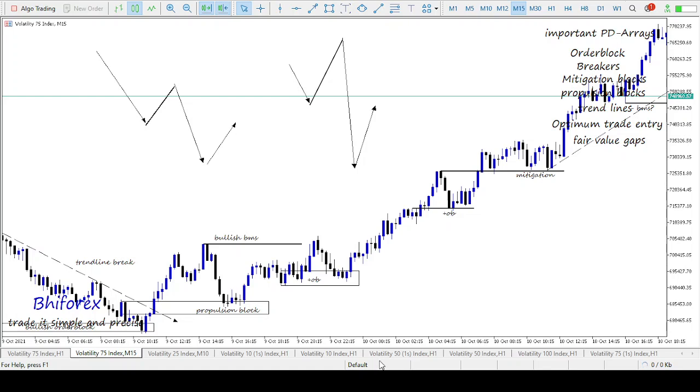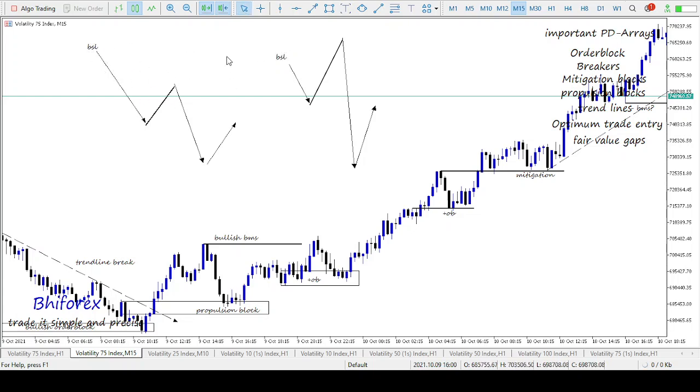And what I mean by that is, if you look at the beginning of these two trends, you are going to see something, and that is what we have here as our buy side liquidity. So we have a buy side liquidity here, we also have a buy side liquidity here.